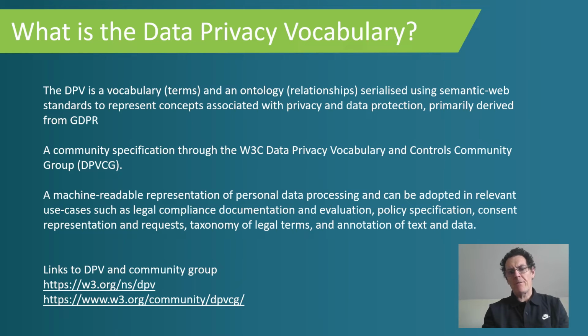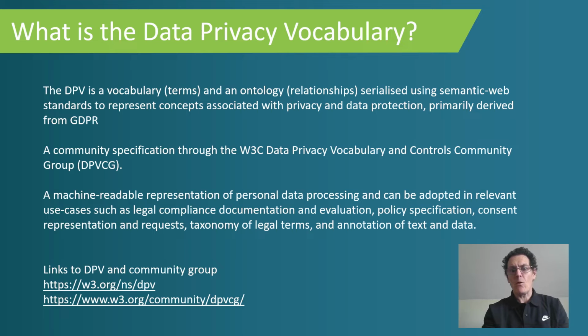The Data Privacy Vocabulary, also known as the DPV, is a vocabulary, an ontology serialized using semantic web standards to represent concepts associated with privacy and data protection, primarily derived from the GDPR. It is a community specification that is maintained by the Data Privacy Vocabulary and Controls Community Group, also known as the DPVCG.